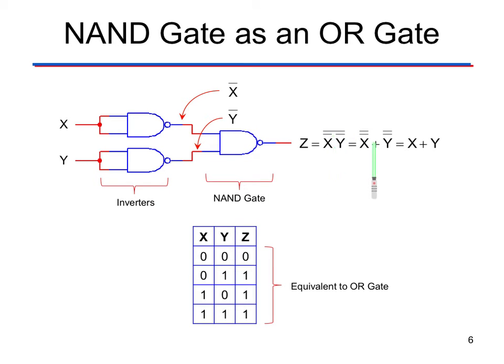Well, break the line, change the sign using De Morgan's theorem. We get not not X or not not Y. And those double inversions cancel out, and we're left with X or Y, which is an OR gate, very simply. Okay, and if we look at the truth table, it's equivalent to an OR gate.